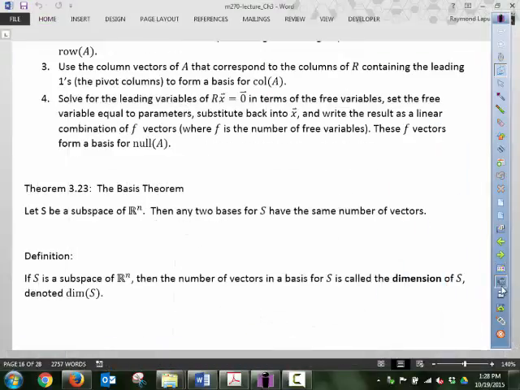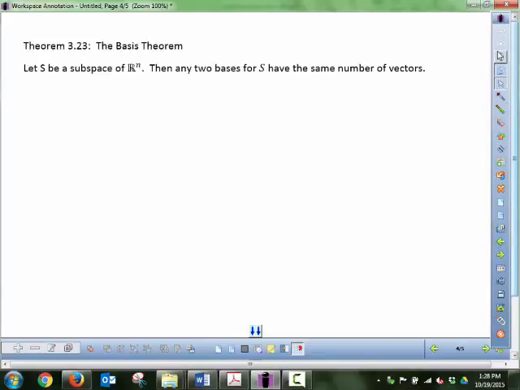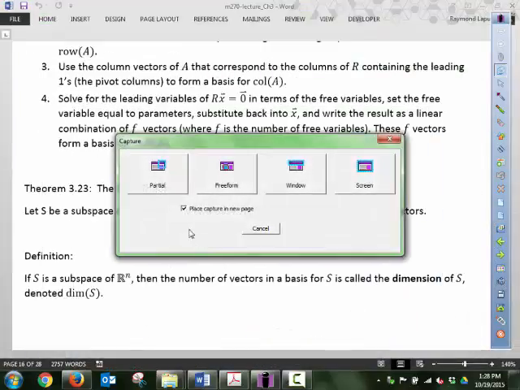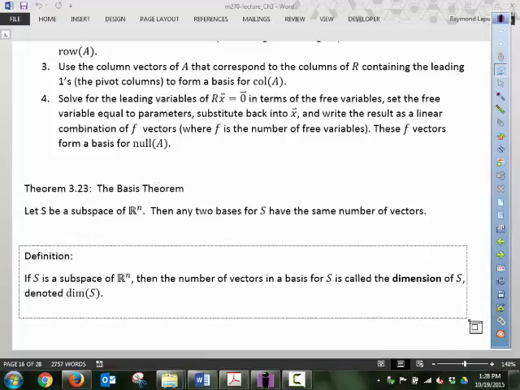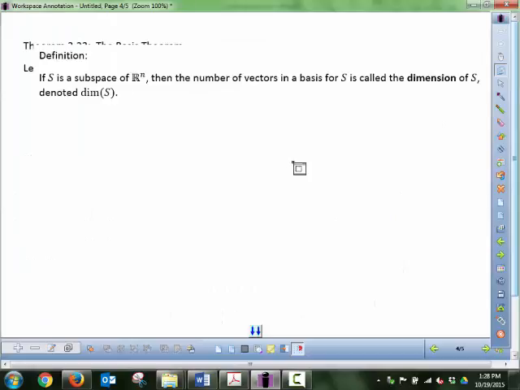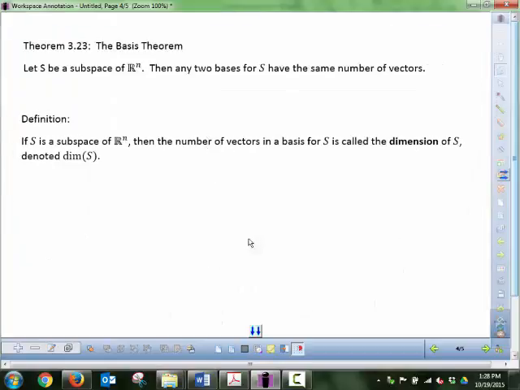Dimension, we've been talking about dimension all along, so I think that gives me the opportunity to just tell you what it is instead of talking much about it. So the dimension is the number of linearly independent vectors that you've collected to span your space.